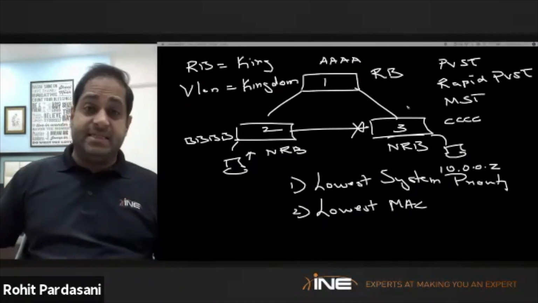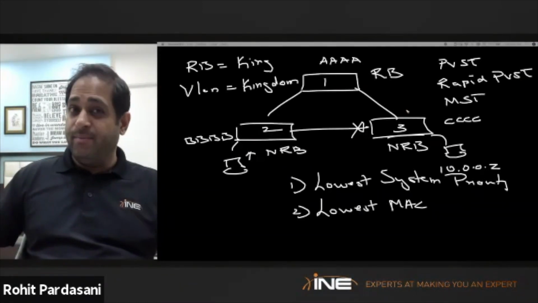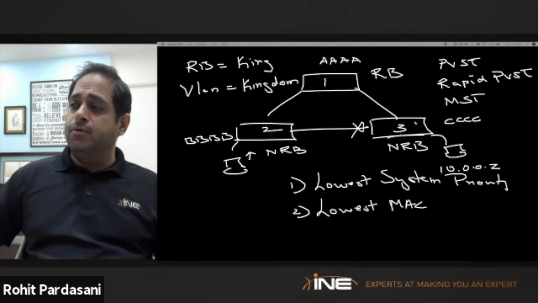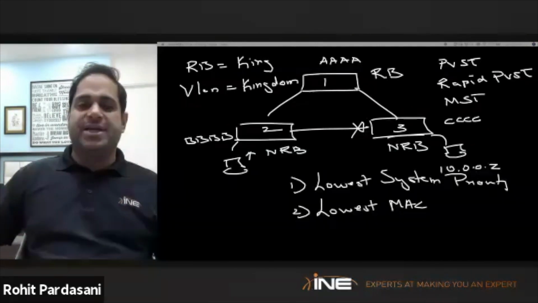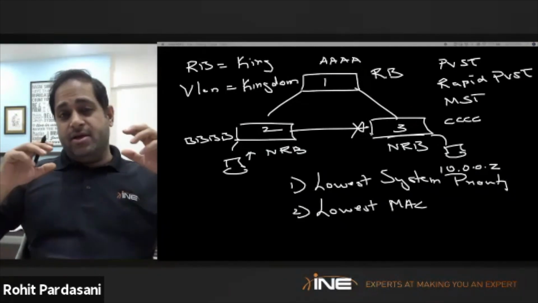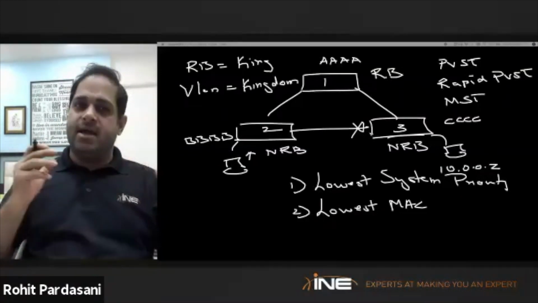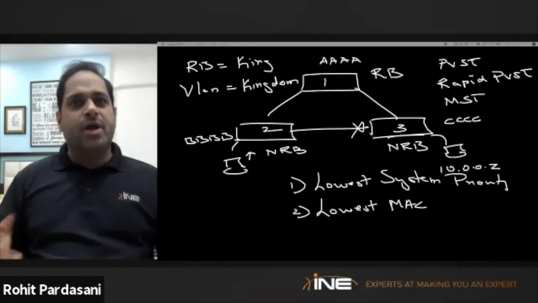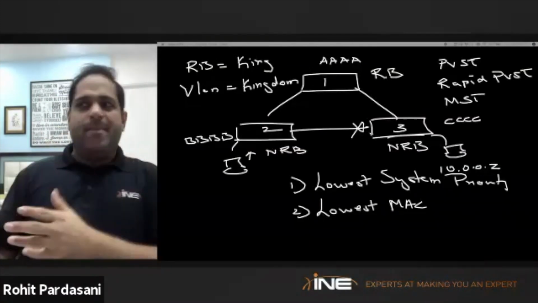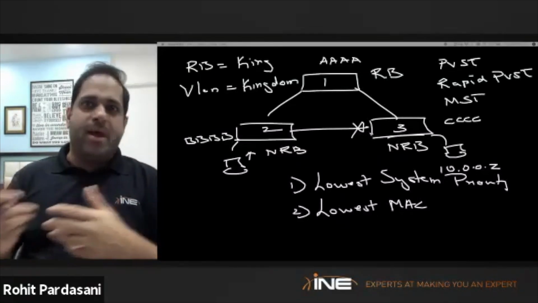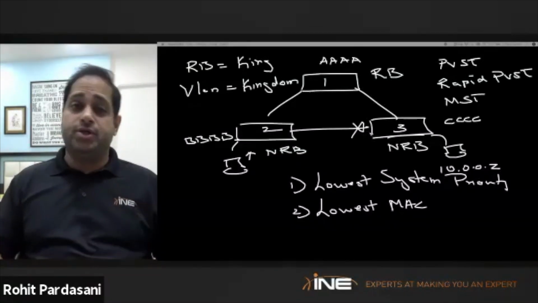Now, PVST has different port states and port roles. So once the root bridge gets elected, the root bridge will now decide, should my port be in a forwarding state or should my port be in a blocking state? It's the root bridge who decides that.